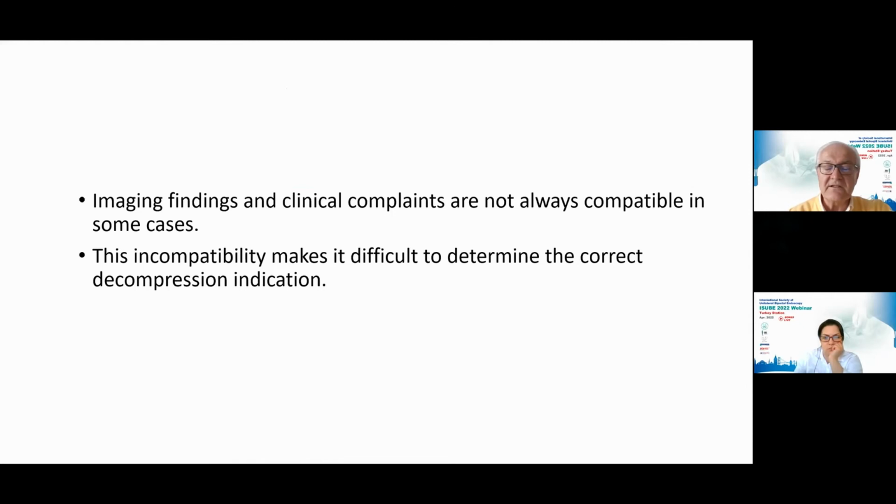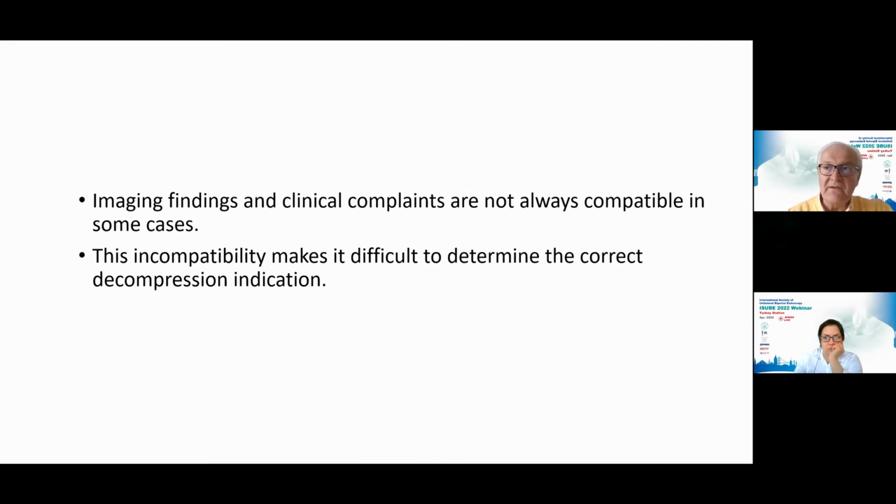This is very interesting, and this is a reality, because in the MRI we are making a map of the hydrogen atoms, and hydrogen atoms are too much in the body. So this incompatibility makes it difficult to determine the correct decompression indication.